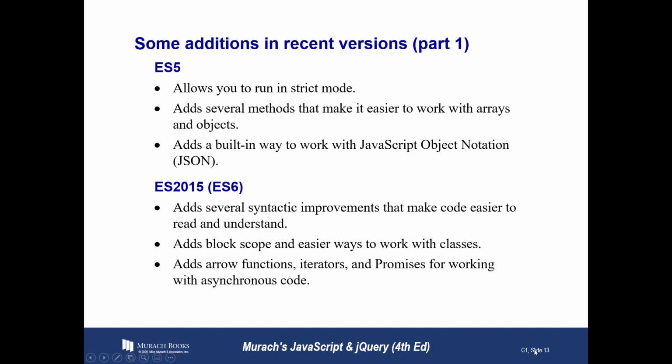Some of the things that have been added recently: what we're going to end up putting at the top of virtually all of our programs is "use strict". What the use strict basically does is make JavaScript more responsible, for lack of better words.